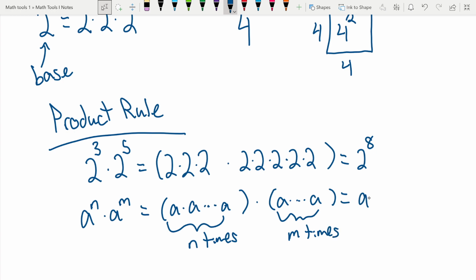All together, we're going to have m plus n copies of a, right? So in other words, if we're multiplying two things with the same base raised to an exponent, we can add the exponents together. Now we're only showing it for whole numbers here, but this will extend to any kind of exponent. It could be rational numbers, negative numbers, whatever the exponents happen to be. And we'll talk about what exactly those kinds of exponents are later on in this video. But this is not restricted to whole numbers.